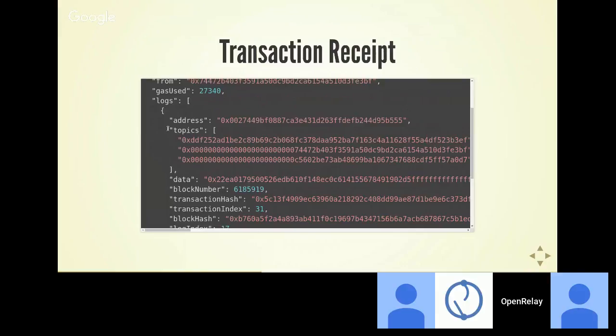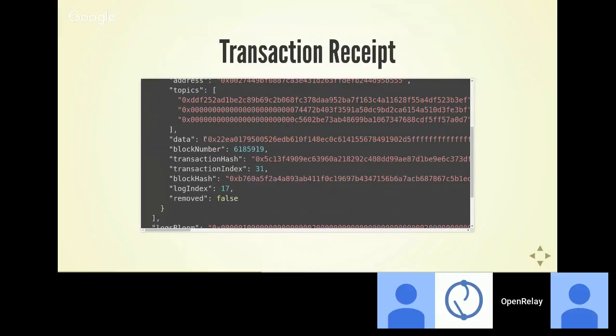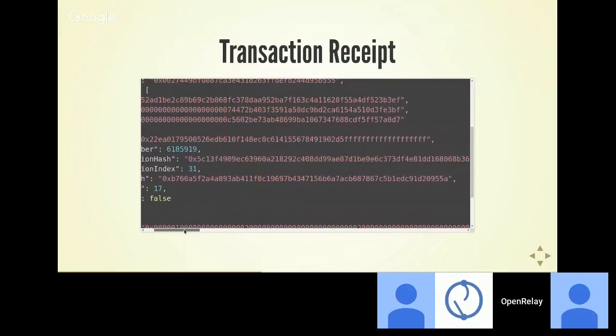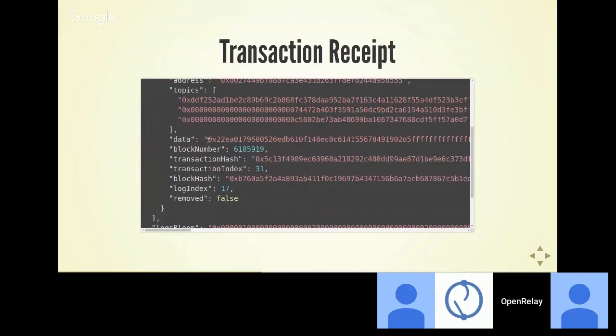The topics are the long Keccak-256 string that we looked at, how that was generated a minute ago. And then this is, I think, the from value, the from address and the to address. So then we have the data, which is a hexadecimal representation of the quantity of the token that was transferred.